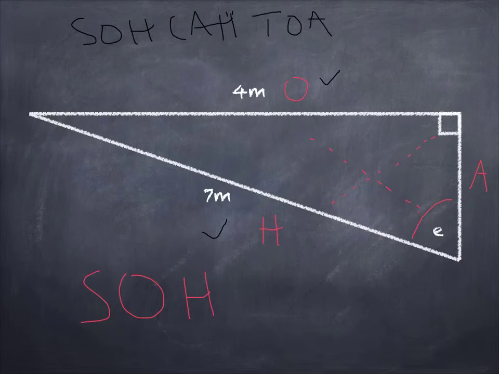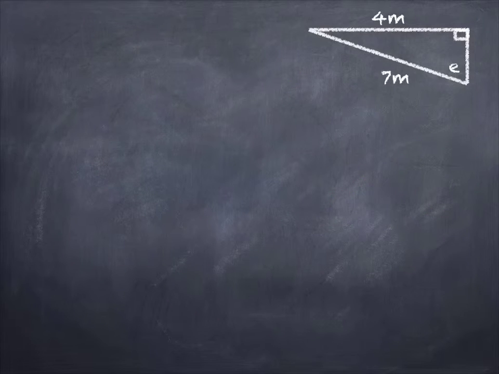So, next step, write out the rule for our ratio. So what's the rule for our sine ratio? It was that sine of the unknown theta equals O divided by H. Now, next step, substitute in what we know.